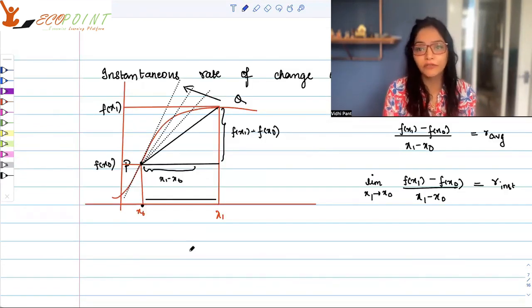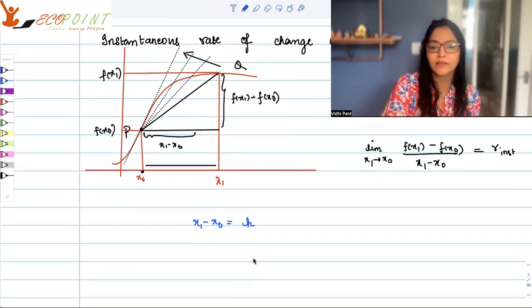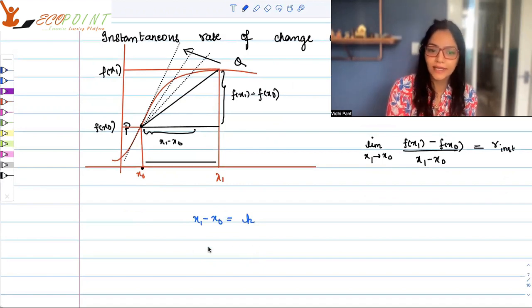Notation wise, you can refine it a little bit. You can say x1 minus x0 is equal to, say, h. That is the change in the input x is h.